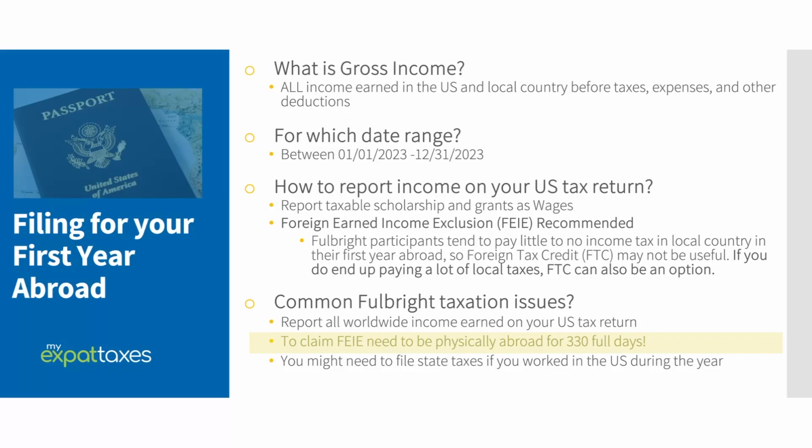To use the foreign income exclusion, one of those very nice, generous expat benefits from the IRS, you have to consider that you generally have to be abroad for at least 330 full days.